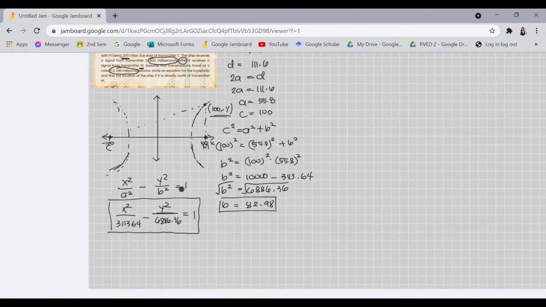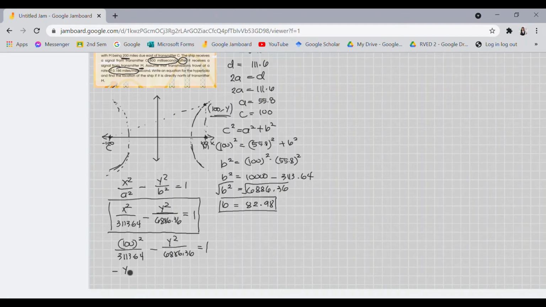So, substitute natin yung coordinate sa equation. We have 100 squared over 3,113.64 minus y squared over 6,886.36 is equal to 1. So, this is 10,000 over, let us rewrite first. So, we are solving for y. Okay? We are solving for y. So, lipat natin sa kabila yan.